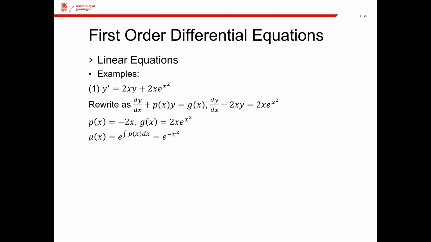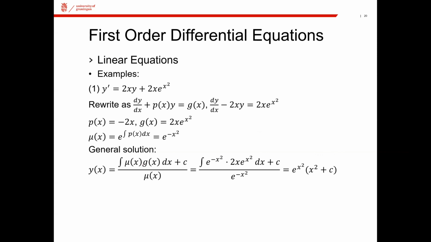And we apply the formula that we have. So mu x here is e to the power of the integration of p x. And we plug in the p x here. The integration of minus 2x will be minus x squared, and then mu x will be e to the power of minus x squared.